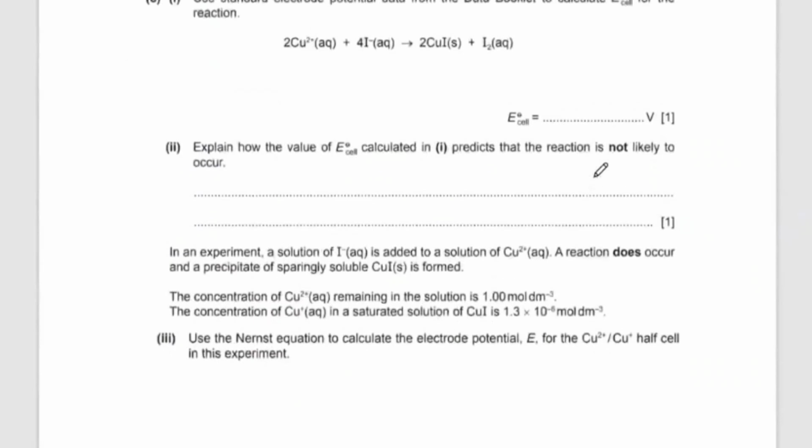You've got the data booklet. Calculate the E cell for this reaction. The overall equation is given. By just looking at the overall equation, which two electrodes do you think are involved in this reaction?